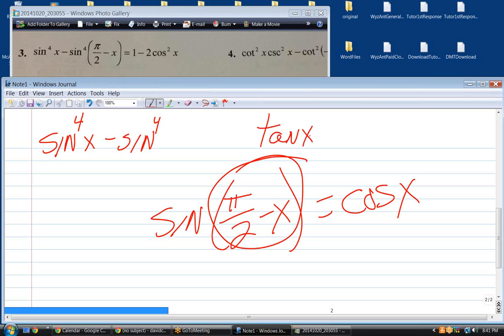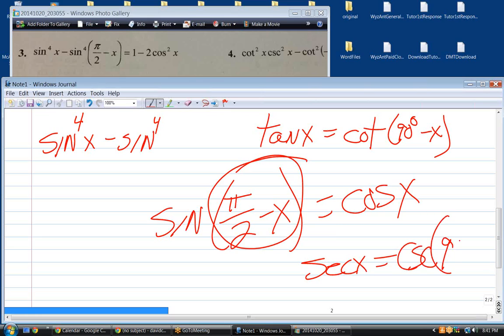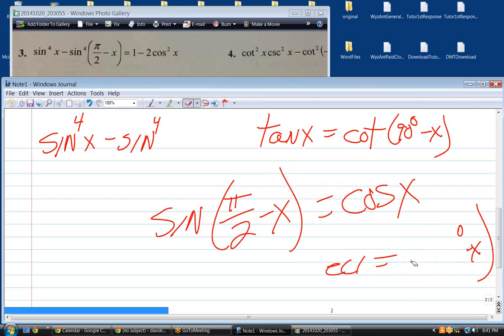Tangent of x equals cotangent of 90 degrees minus x. Secant of x equals cosecant of 90 degrees minus x. And vice versa. So whenever you see 90 degrees or pi over 2 minus x, know that that's the same as cosine.